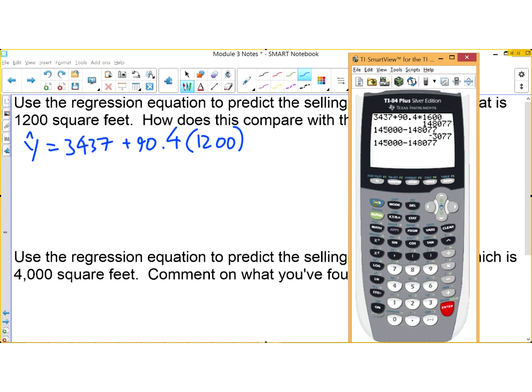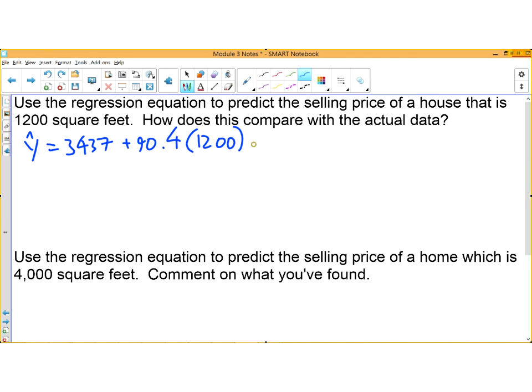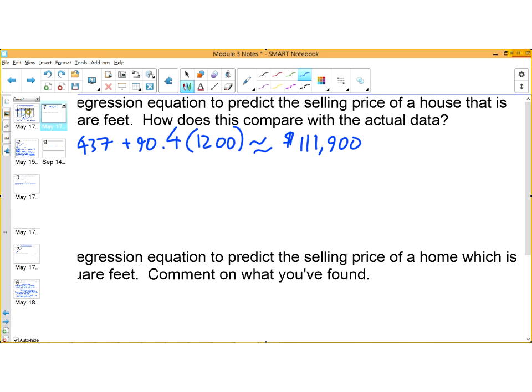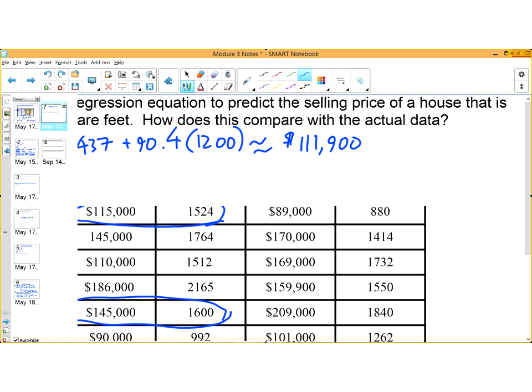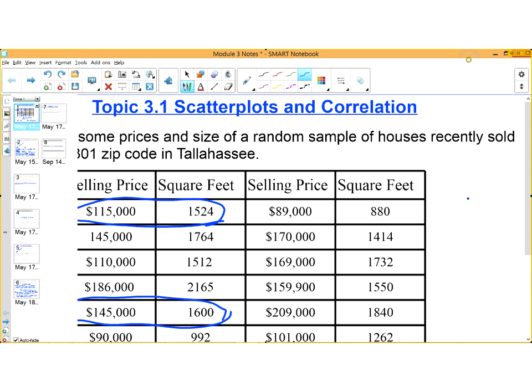Here's a little trick on the calculator. If you hit the second button and then hit it a second time, it brings you the line before that, so I can just change 1,600 to 1,200. And I have about $111,900. Rounding to the nearest hundred is plenty accurate enough. So it's about $111,900.